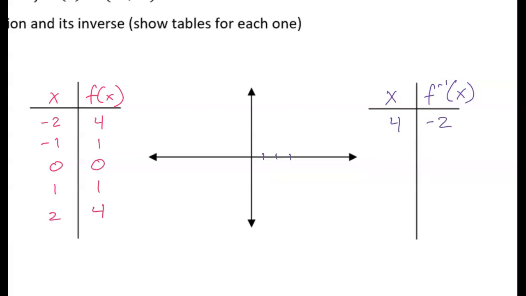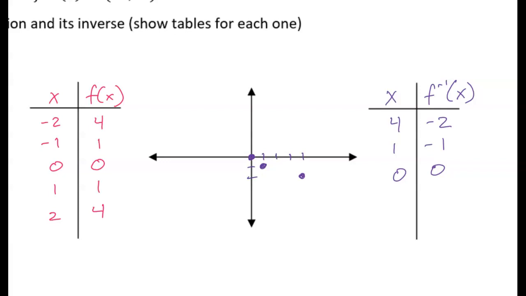I'm just going to go ahead and start graphing these. 4, negative 2, right there. What will our next coordinate point be, Ainsley? Yes, 1, negative 1, which is here. What about the next point, Shashank? There, 0, 0.